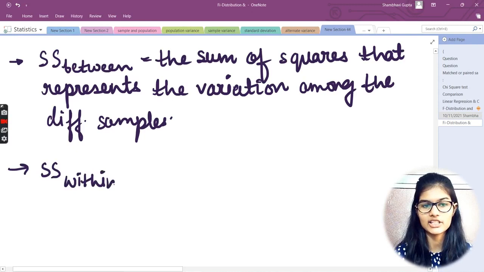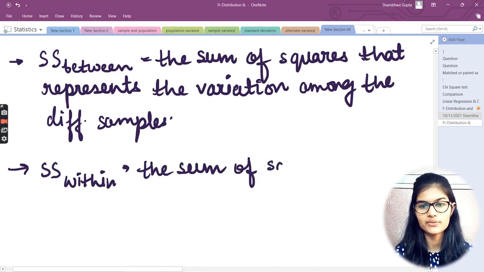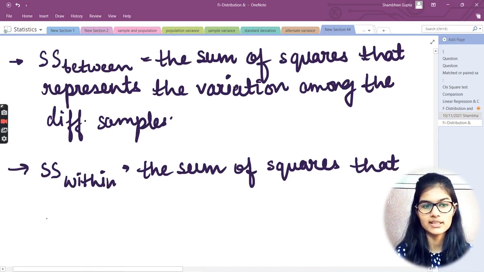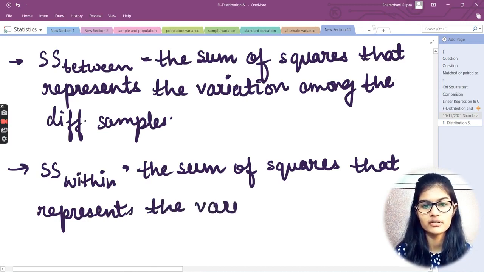So what was that? Let's go ahead with that here. It was the sum of squares that represents the variation.